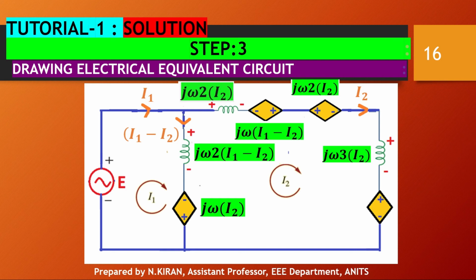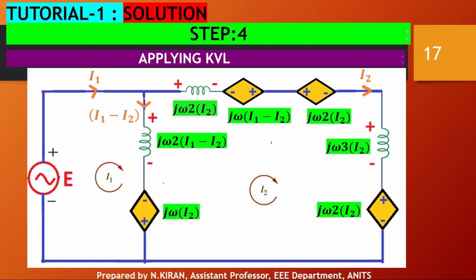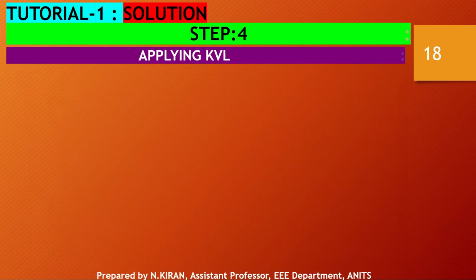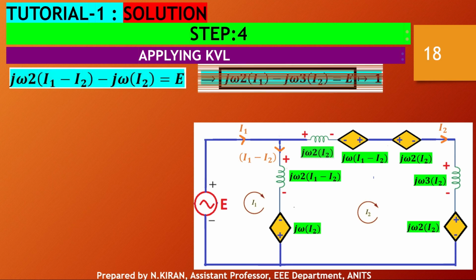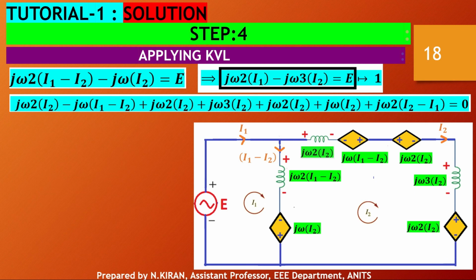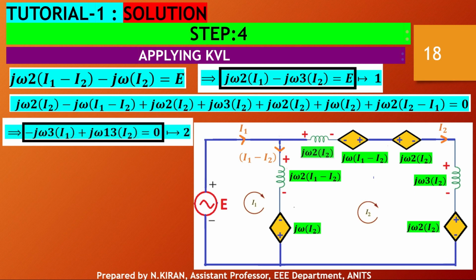After obtaining the electrical equivalent, now we have to apply KVL to both the meshes. After applying KVL, we'll get the following equations in both the meshes, as equation 1 and equation 2.